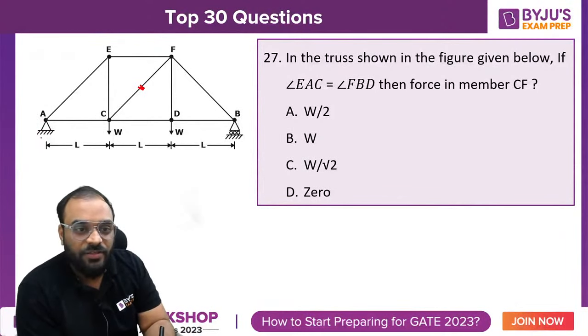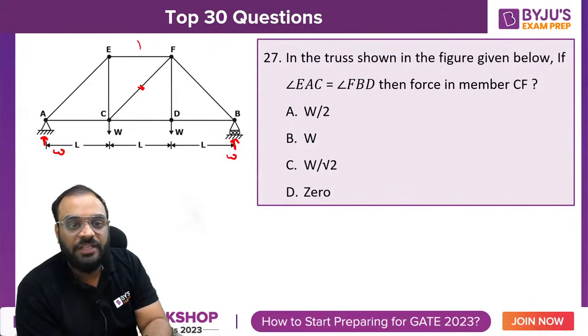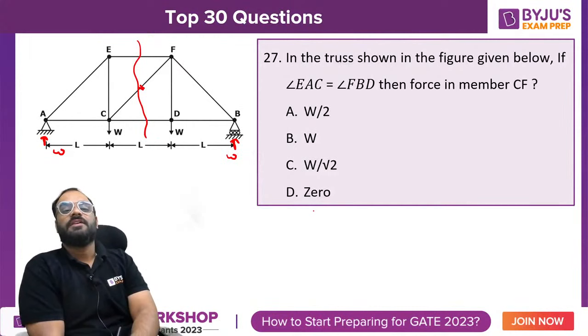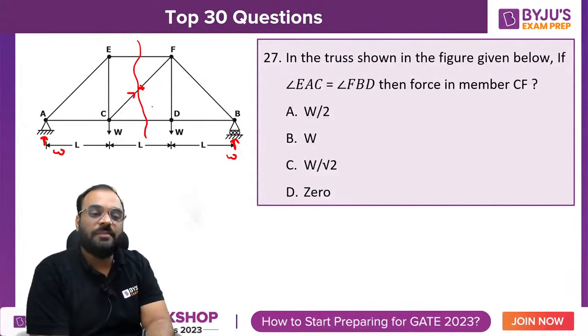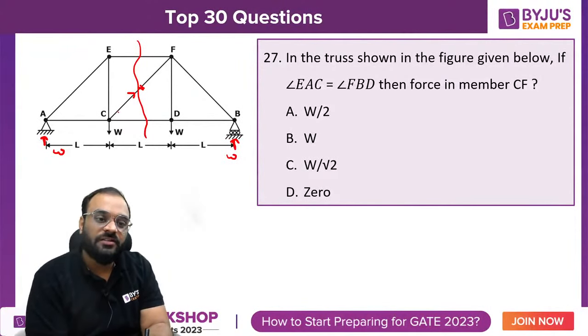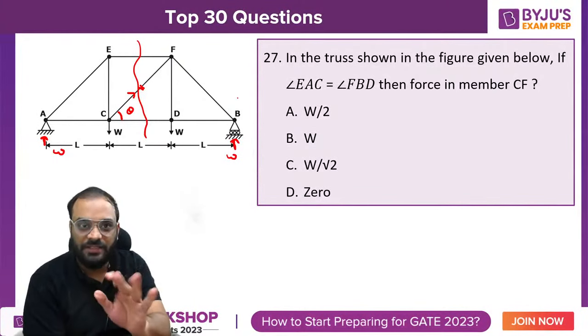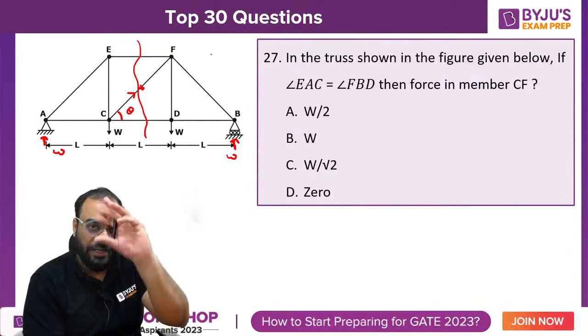Very nice. You can see here, guys, this value will become W and this value will become W. If you take this section, ultimately this member is trying to take the vertical forces. So we take summation Fy equal to 0. Whatever theta will be, I don't know, because in this case they have not given any rise or height.